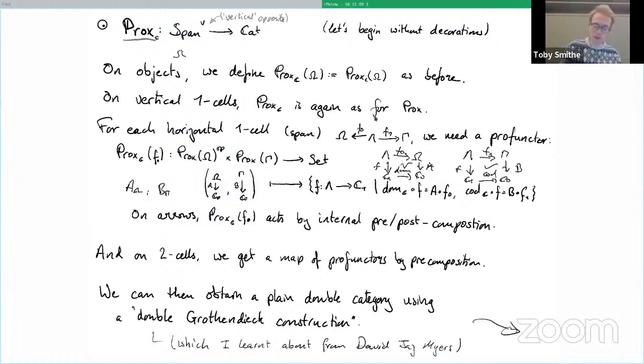Now, I haven't written it out, but on the arrows, in Prox omega on the left and in Prox of gamma on the right, this acts by internal precomposition. So I want this to be like a profunctor. I want it to be like the Hom functor. So it's like pulling back on the left and pushing forward on the right.